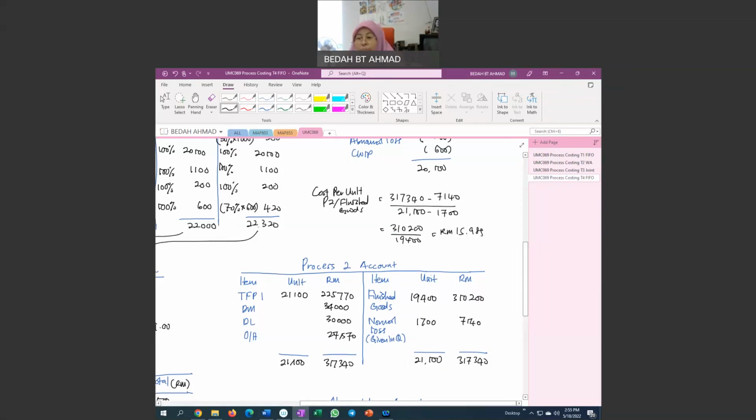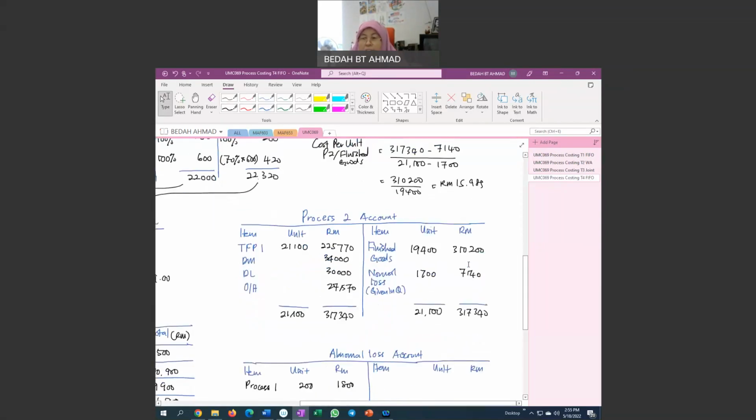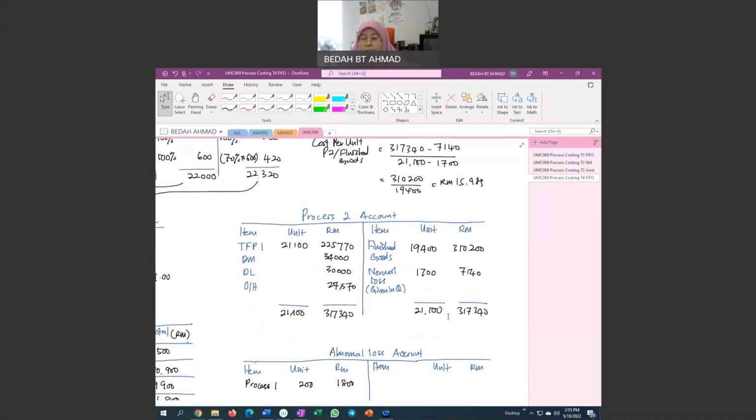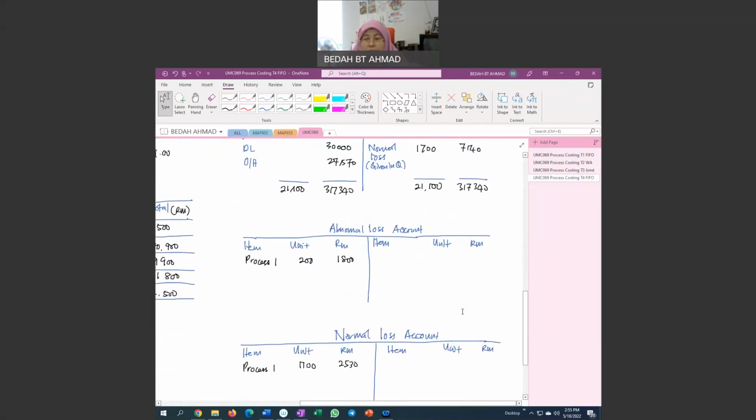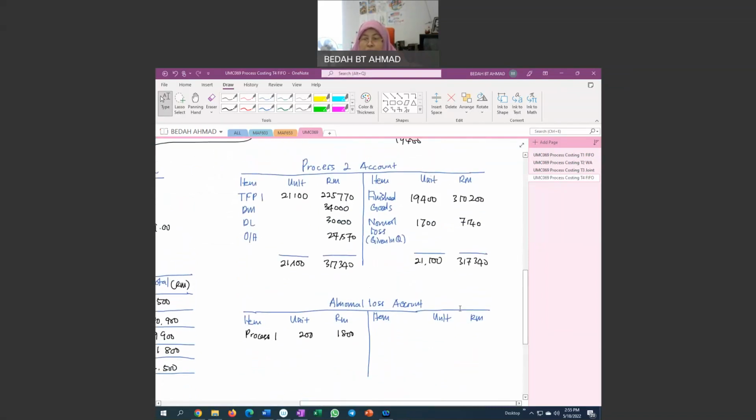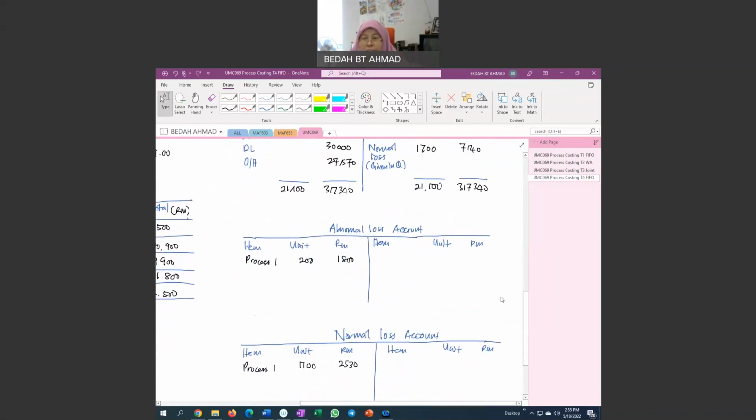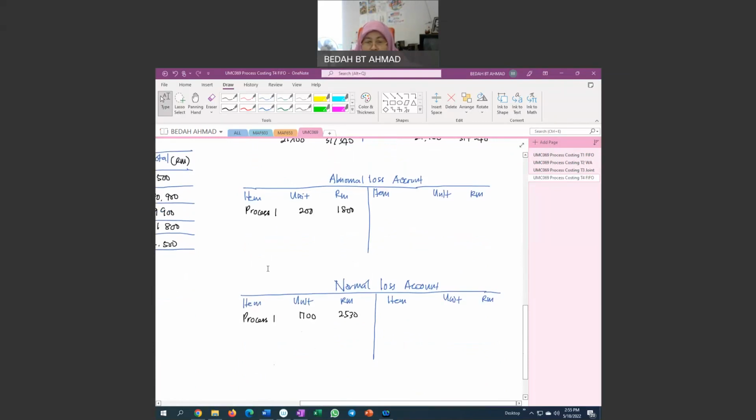So that is the cost per unit, and then lastly we continue to the normal loss account. In process 2 we have the normal loss, 1,700 units at 7,140.